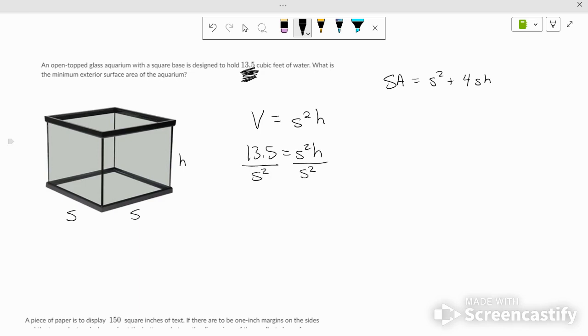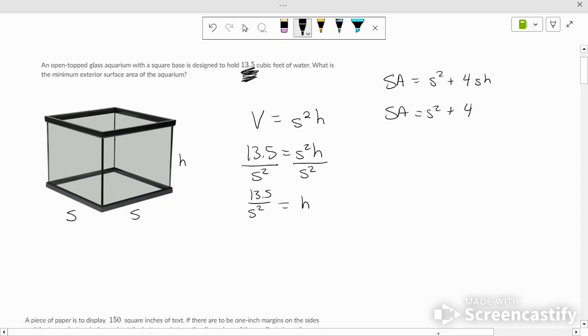If I get H alone, then I plug in the H there. Now I'm down to 1 variable.